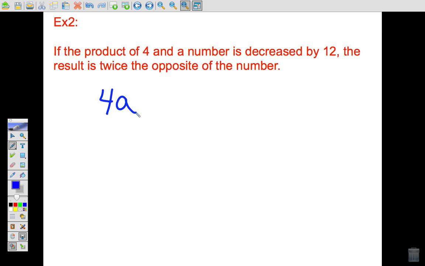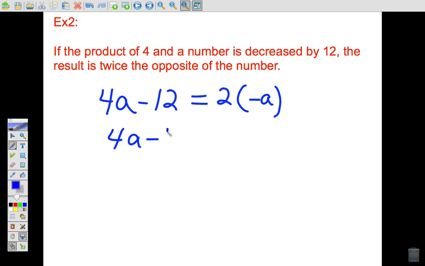Now what are they doing to the product of 4 and a number? They're subtracting 12. The result is twice the opposite of the number. And since I'm using a, I'll use a again. Now I'm going to simplify this a little bit. I'm going to write this as 4a minus 12.